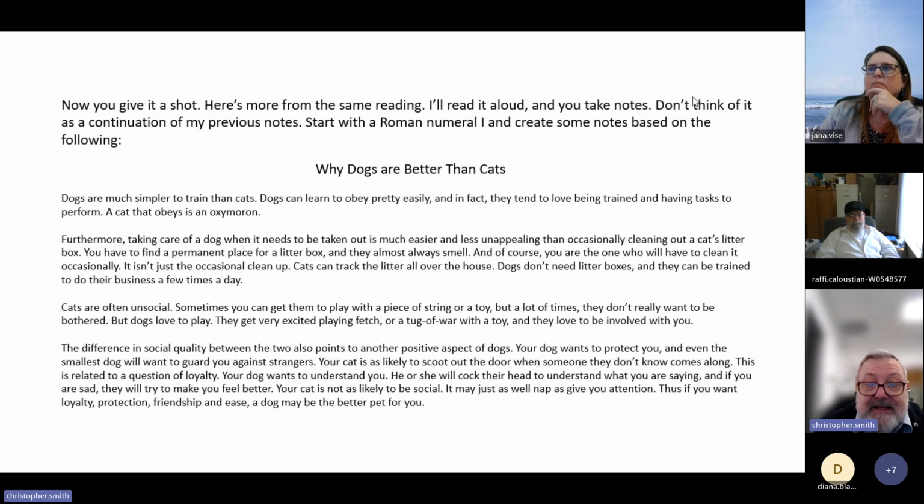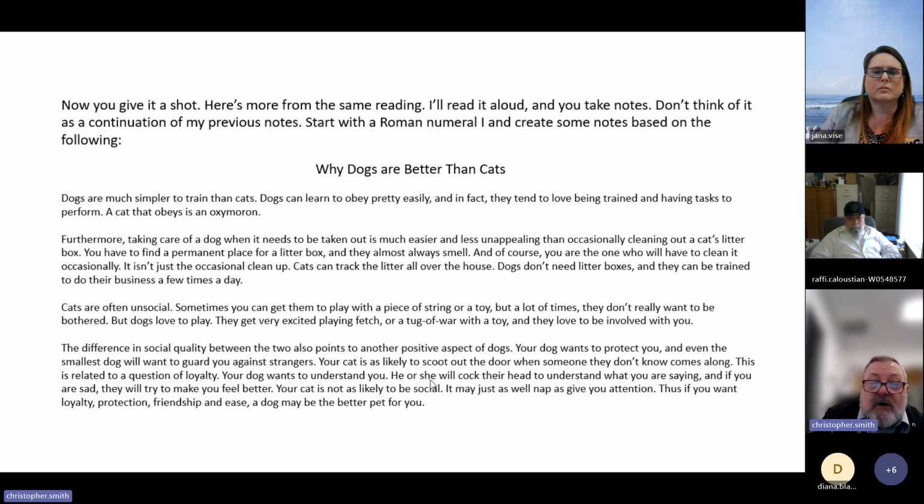Your cat is as likely to scoot out the door when someone they don't know comes along. This is related to a question of loyalty. Your dog wants to understand you. He or she will cock their head to understand what you are saying, and if you are sad, they will try to make you feel better. Your cat is not as likely to be social. It may just as well nap as give you attention. Thus, if you want loyalty, protection, friendship, and ease, a dog may be the better pet for you.